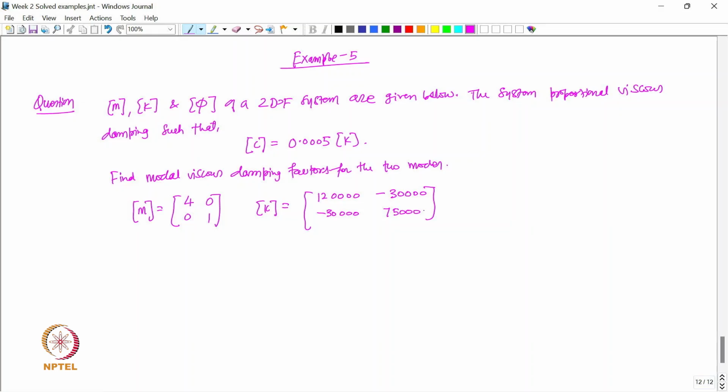Right, and we have also been given the mass normalized eigenvectors as 0.47, 0.28, 0.14, 0.95, right. What are these? These are the mass normalized eigenvectors, correct. So, let us solve this problem.